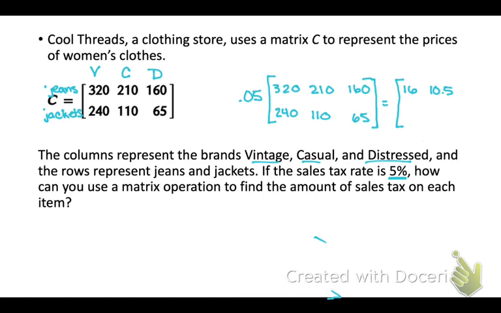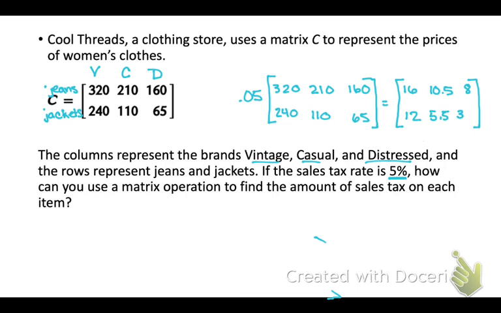Okay, and then 0.05 times 160, 8. 0.05 times 240, 12. 0.05 times 110, 5.5. So we all see that as $5.50, yes? Okay. And 65 times 0.05? 3.25.